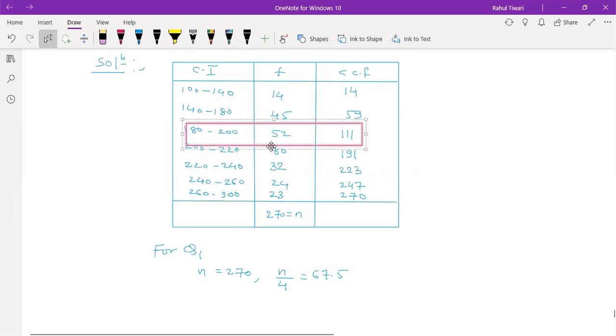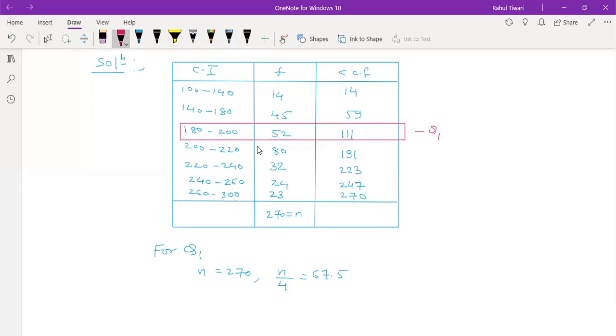So you need to get this particular interval. Are you getting my point? This is your range for Q1, and once you know the range for Q1, the problem is solved. So I can say 67.5 occurs in this interval for the first time.